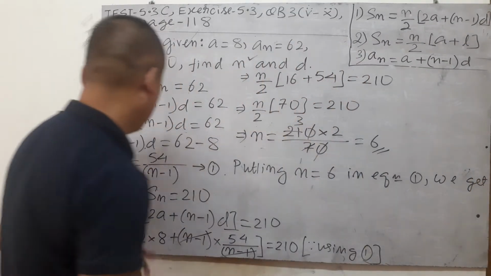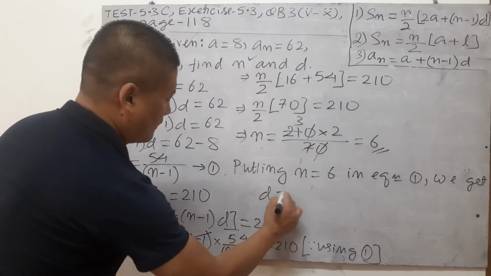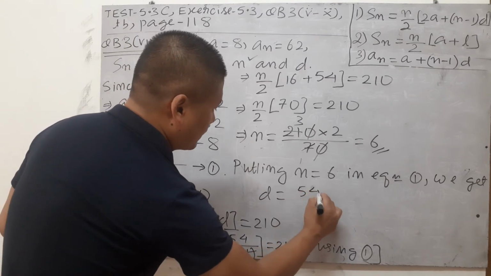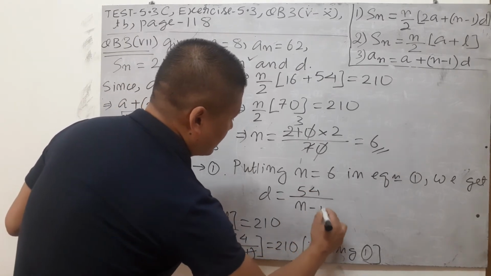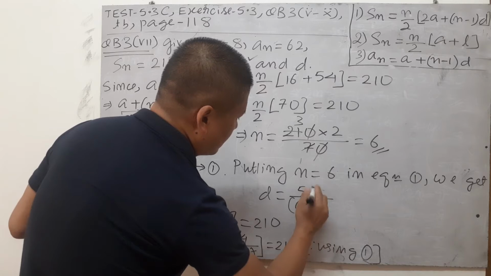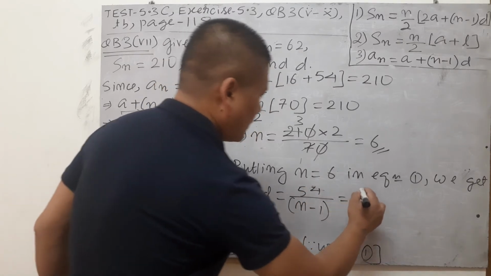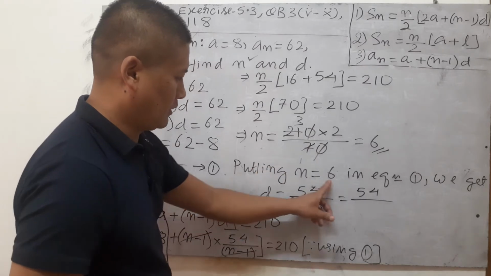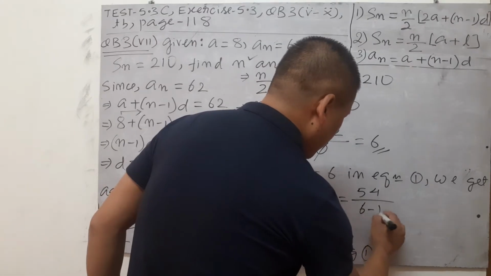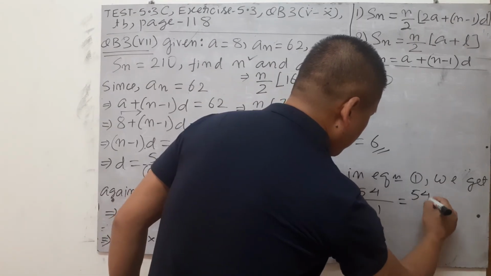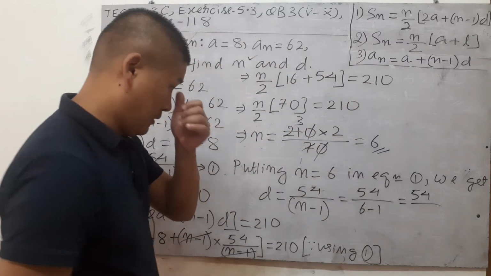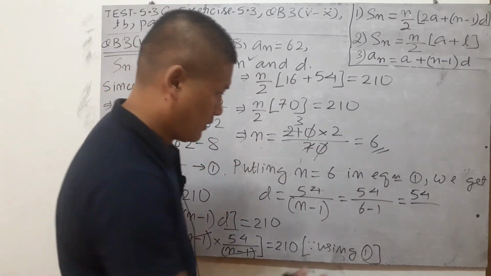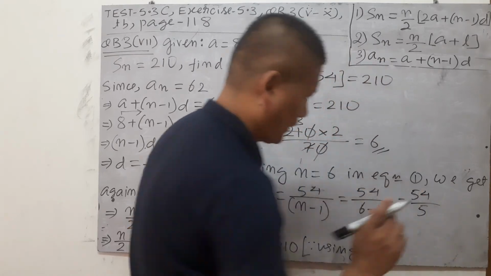We get d is equal to 54 by n minus 1. Just write it as it is once. Then 54 by the n value we just got, 6, so 6 minus 1, which is 5.